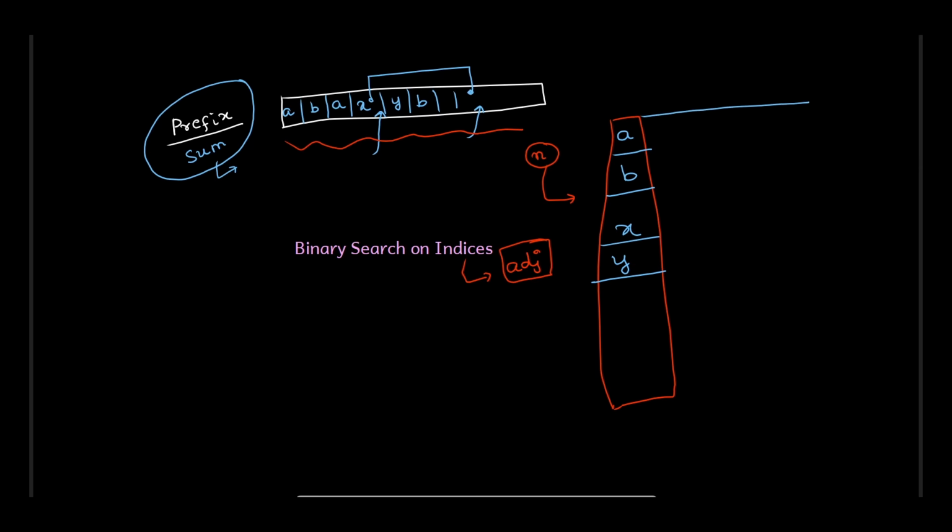And the value would be a vector containing the indices at which this prefix sum appears. So you can see that when you start the computation from left to right, you will anyway insert these in increasing order.